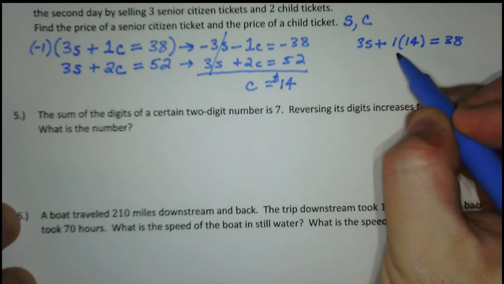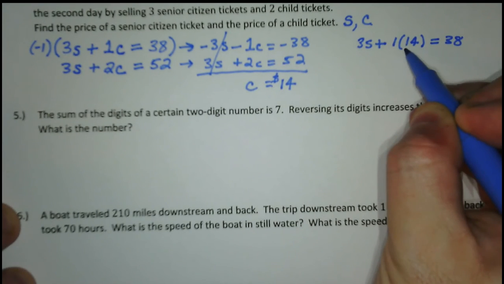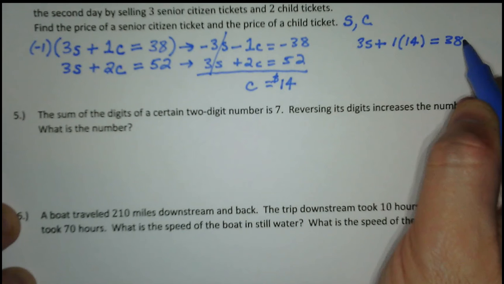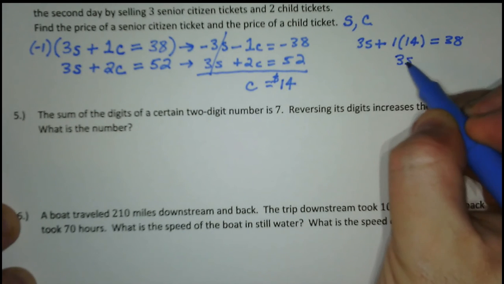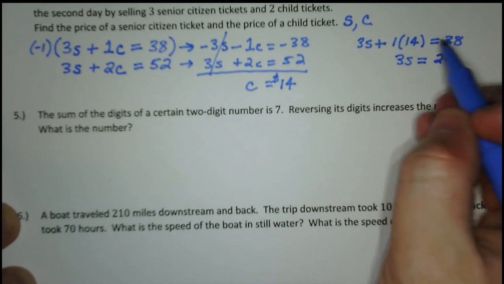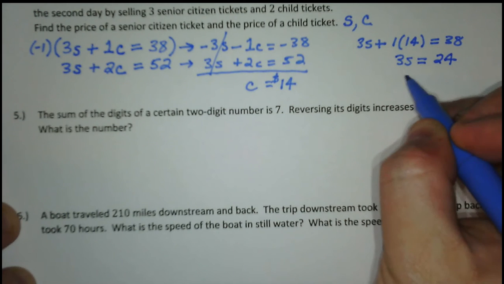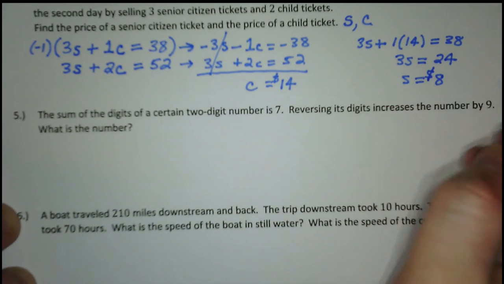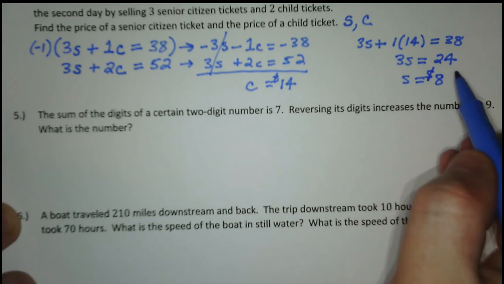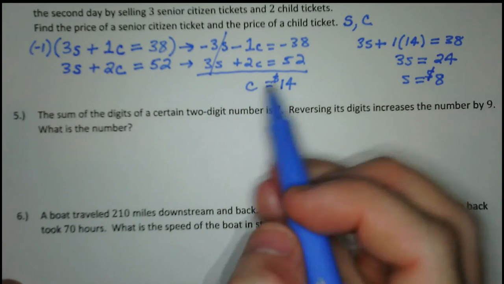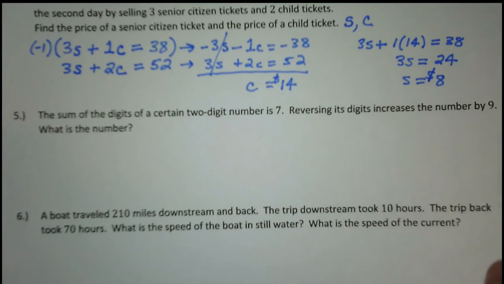When I subtract 14, because 1 times 14 is 14, to the other side, I get 3S equals 24, I do declare. And then when you divide both sides by 3, you get S equals 8. Remember, S was the price, so $8. So apparently $8 for a senior citizen ticket and $14 for a child ticket.